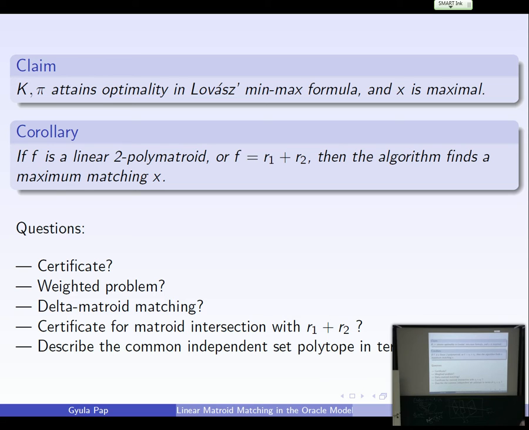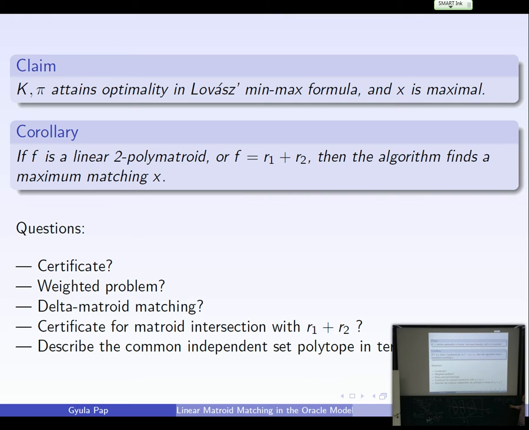Can I ask a question? Sure. So the common independent set polytope, if you have the minimum of R1 and R2, you just say over all the subsets. Yes. That's right. Okay. And so now you're asking, can you make the right-hand side be not in terms of minimum, but in terms of plus? Yes. So a valid inequality would be, for x(Z) less than or equal to 1/2 of f(Z) rounded down.